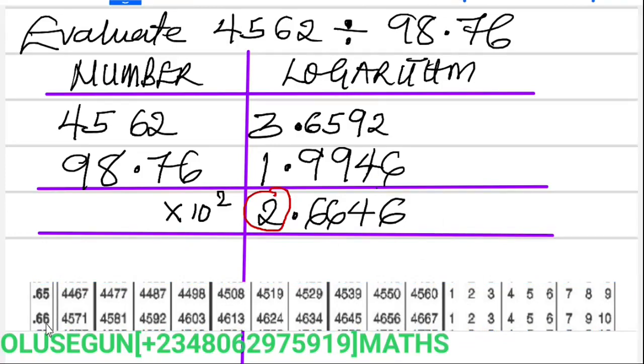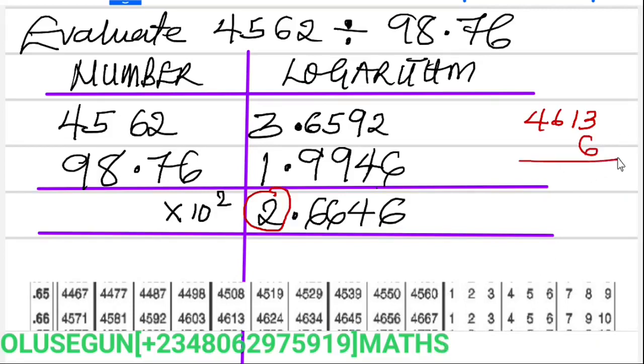So 0.6 is under 4, 0, 1, 2, 3, 4. That is 4613. So we have a difference of 6. Let's count. 1, 2, 3, 4, 5, 6. So difference 6 is also 6.